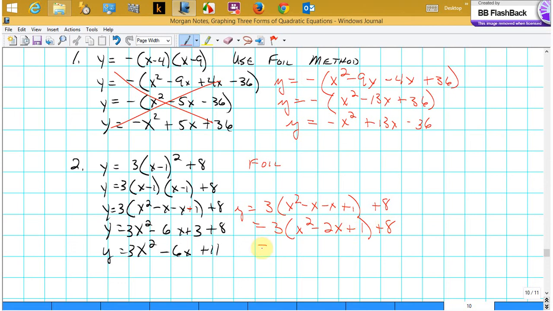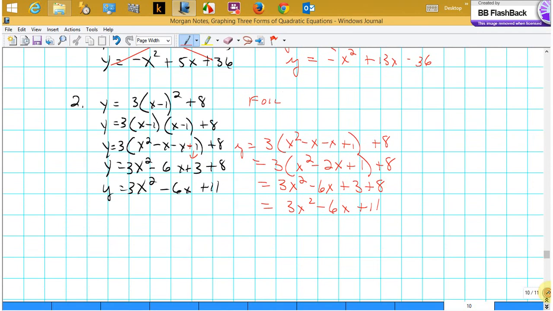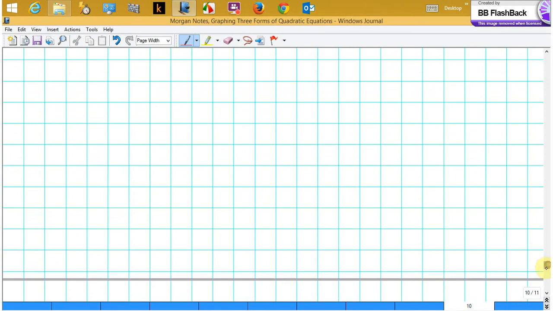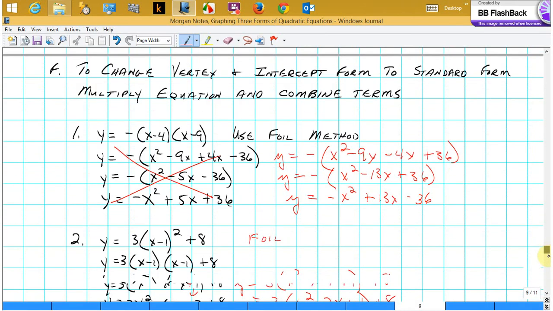Now distributing the 3, I get 3x squared minus 6x plus 3 plus 8. And that would give me 3x squared minus 6x plus 11. Somehow I got the right answer, so I don't know. The fact that I didn't have a plus here, I still seem to work it correctly. So, yeah, because look at that. So who knows? Anyway, I think that's it. Let's see what else is there. That's it.